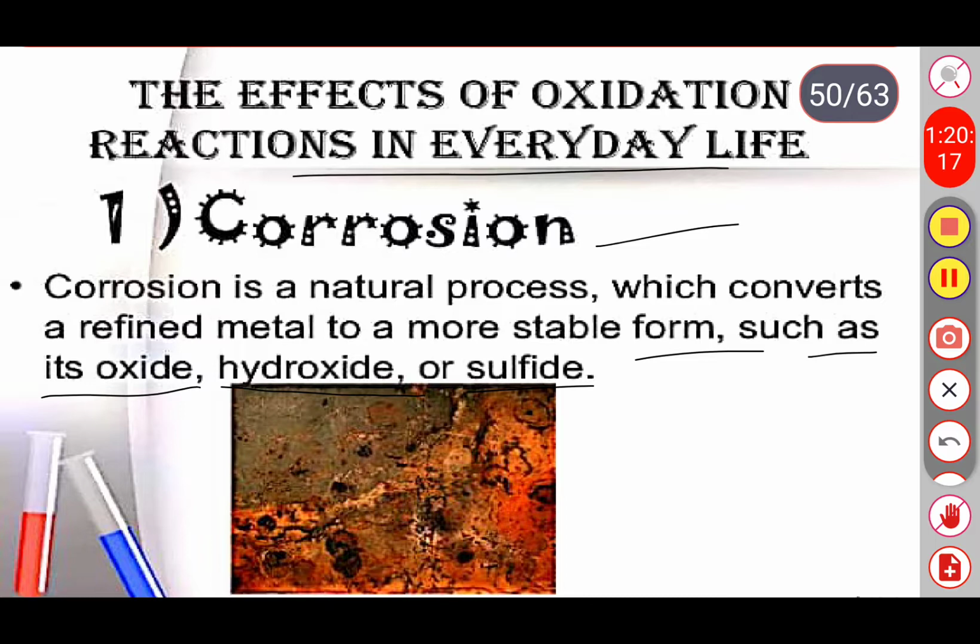Rust is a brown chemical substance formed by the chemical reaction of moist air containing carbon dioxide and water on iron. It is basically an oxidation reaction, and the formula of the rust of iron is Fe2O3.